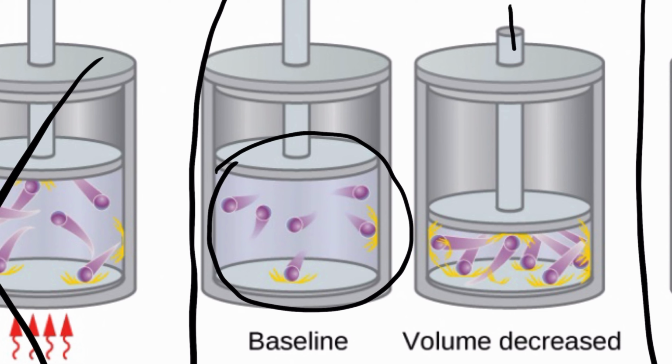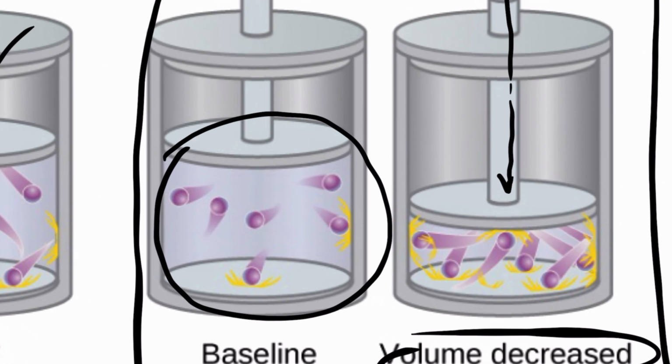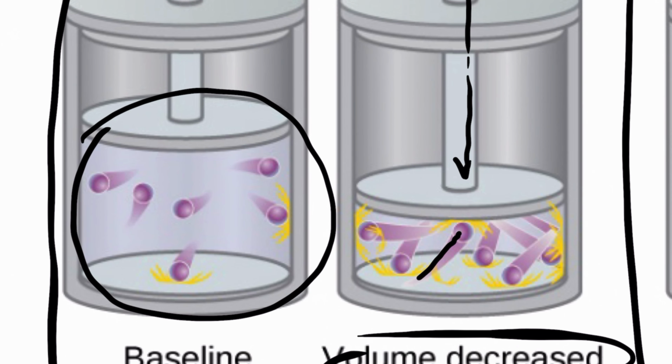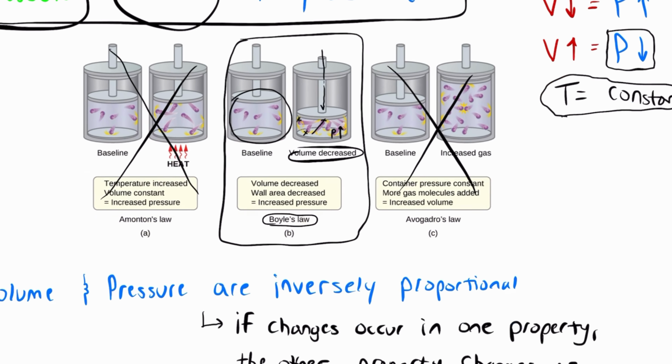But as we press this piston down, the volume is decreased. And since the volume is decreased, particles are hitting these walls and pressure is exerted rapidly. So therefore, the pressure increases.